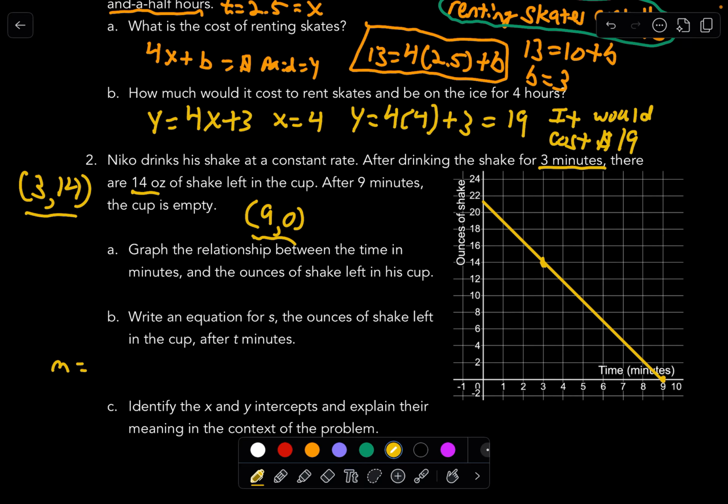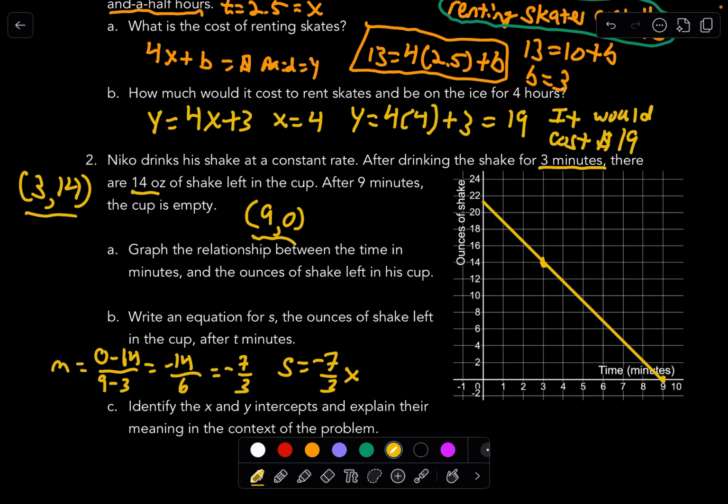M equals, just subtract the 2, 0 minus 14, change in Y, the change in the output, over 9 minus 3. That's negative 14 over 6, which is negative 7 over 3. Okay? So S equals negative 7/3 X.